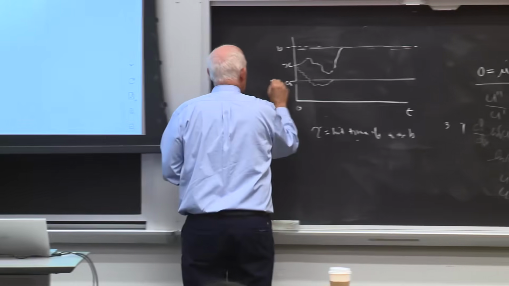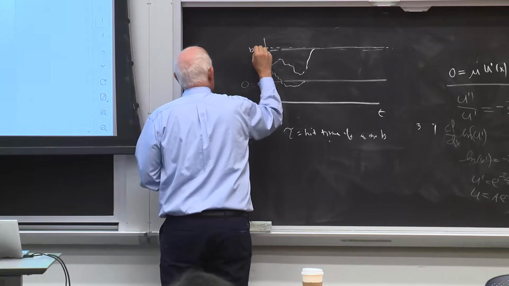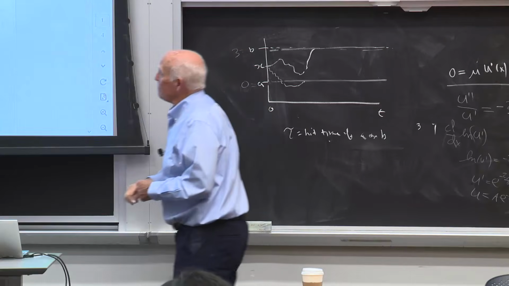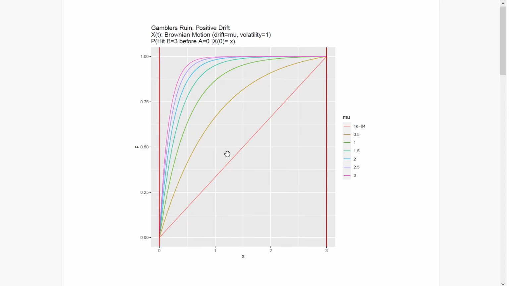So if we have 0 here and B is equal to 3, then here's the initial value x between 0 and 3. And we have the probabilities of hitting B before A.